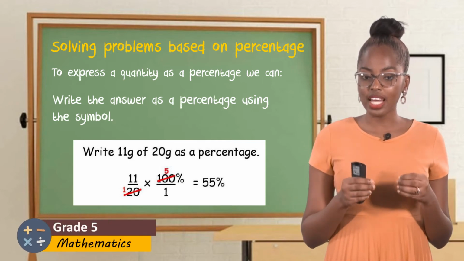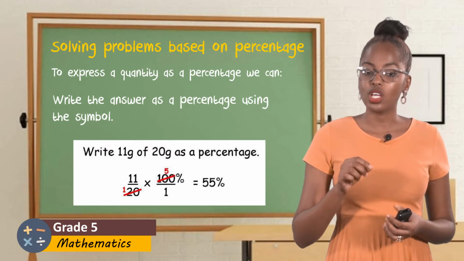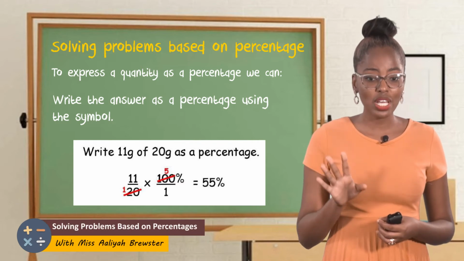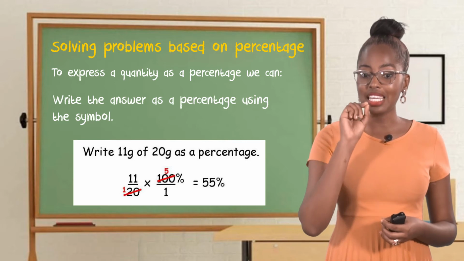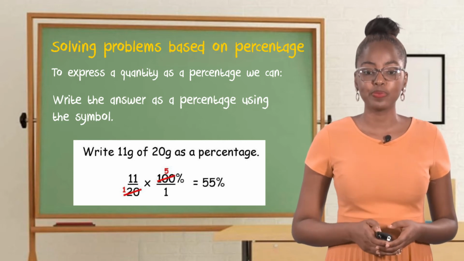We multiply that by 100. To do so, we ask ourselves, how many 20s are in 100? 5 20s make 100. So we can now multiply 11 by 5, which will give us 55%.